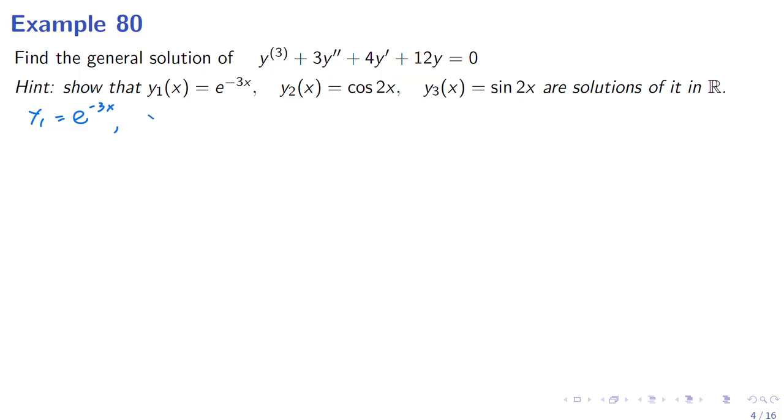then we know that its first derivative is minus 3 times e to the minus 3x, and its second derivative, this is y1 second derivative, is 9 e to the minus 3x, and its third derivative is minus 27 e to the minus 3x.